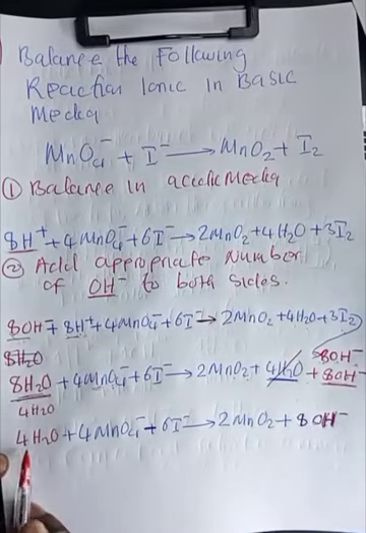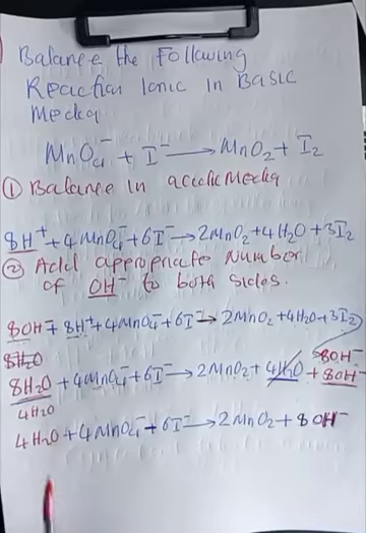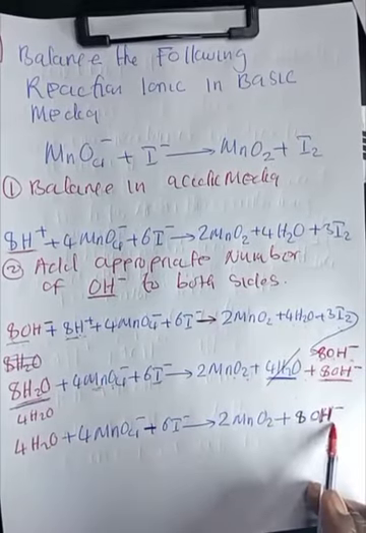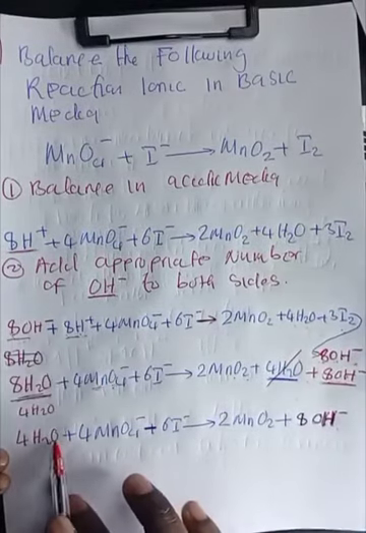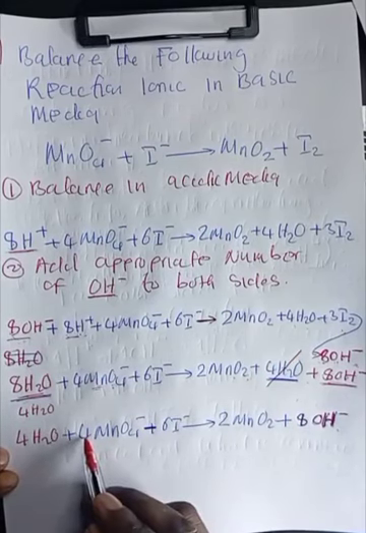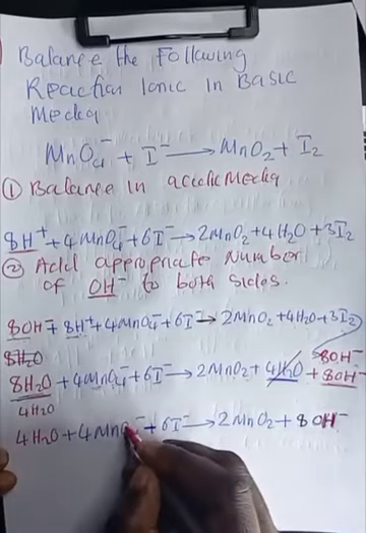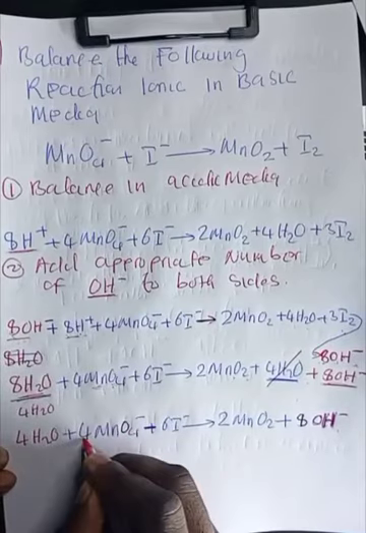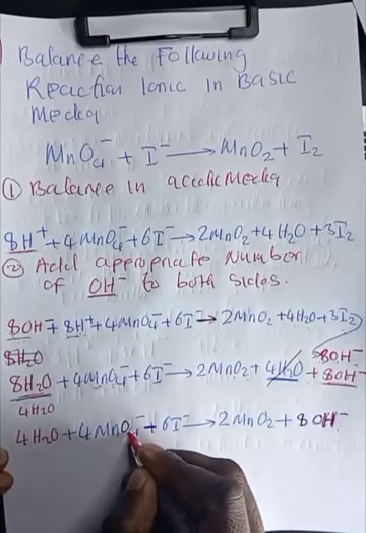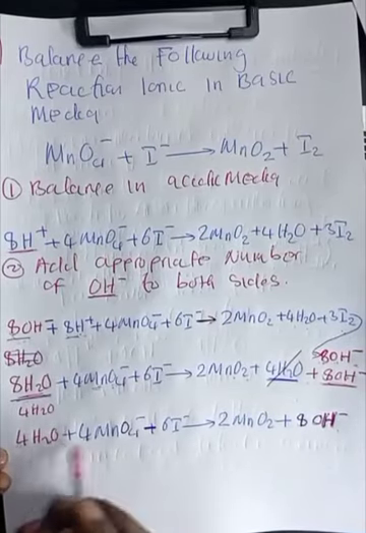How many hydrogens are here? We have 4 times 2, which is 8 hydrogens. Then how many hydrogens are here? They are 8 as well, balanced. Now how many oxygens are here? We have 4 times 4, which is 16, plus this 4 oxygen here, which is 20 oxygens.